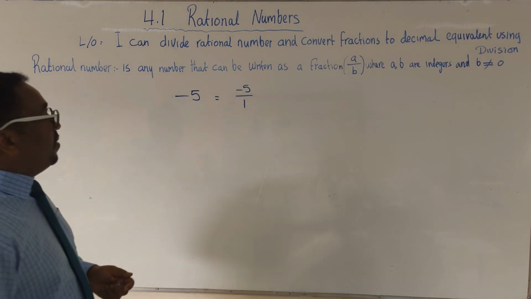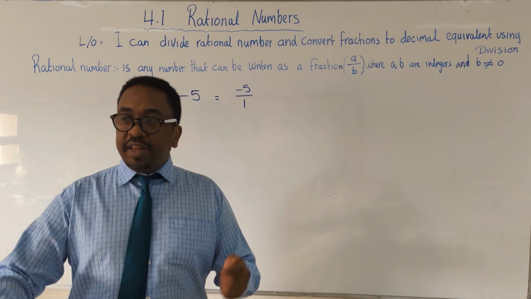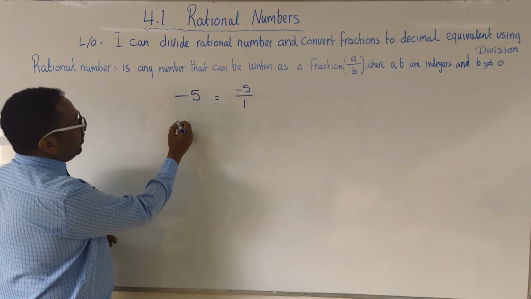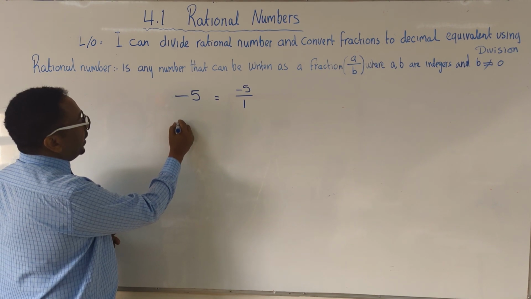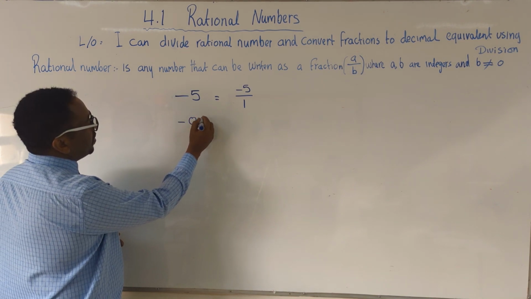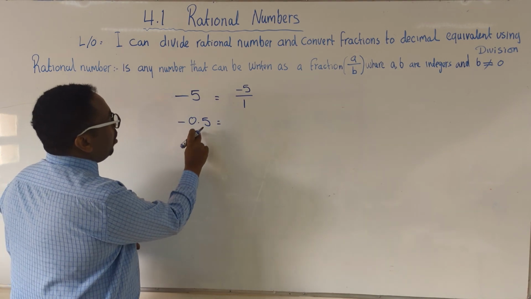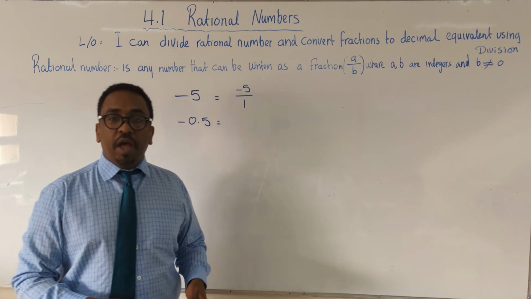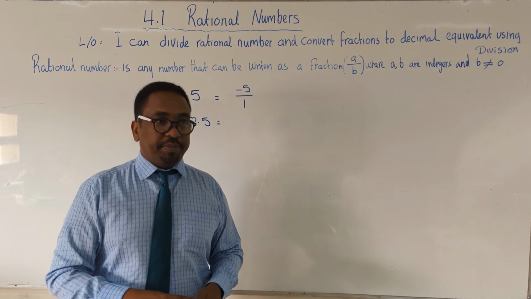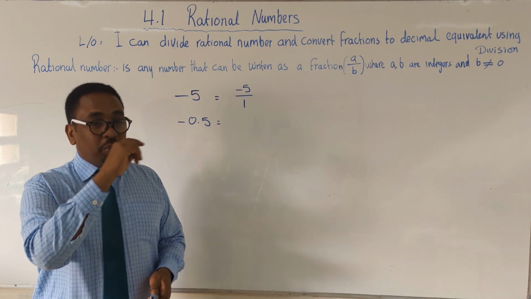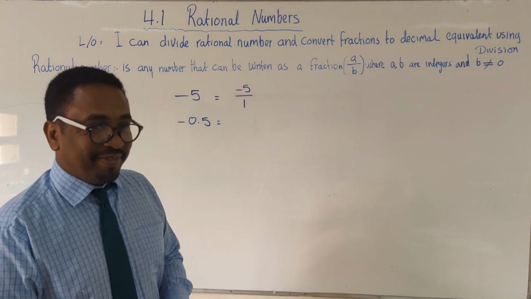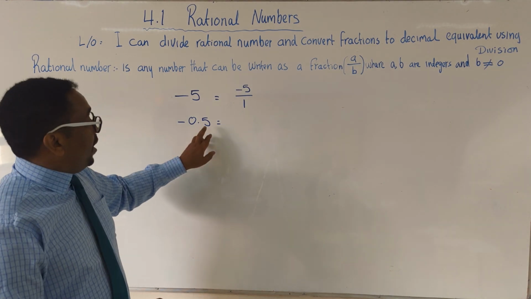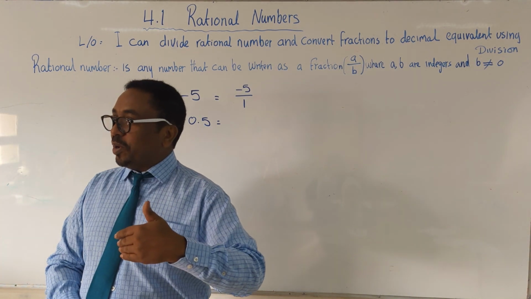So we could also be given a decimal, and that decimal should be written as a fraction. For instance, if I give you negative 0.5, can we change this number into a fraction? This is a decimal. How do we change this into a fraction? Can I divide it by 1? Yes. Remember we talked about this.